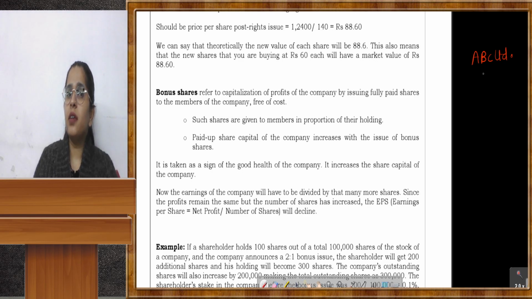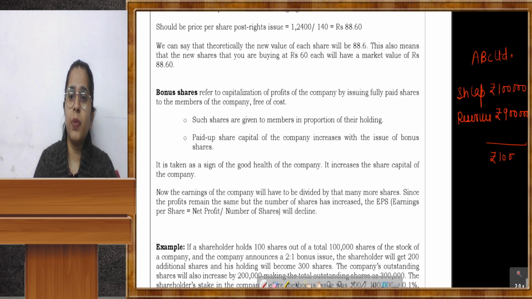ABC Limited has earned a huge amount of profits and its share capital is currently rupees 1 lakh, but because it has earned such a huge amount of profit, it has reserves. Reserves means it's a kind of locker in which you save money for your future purposes.